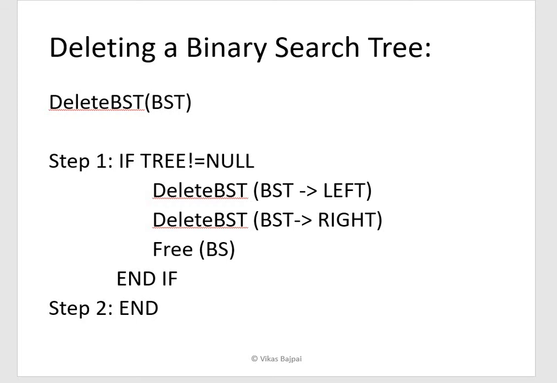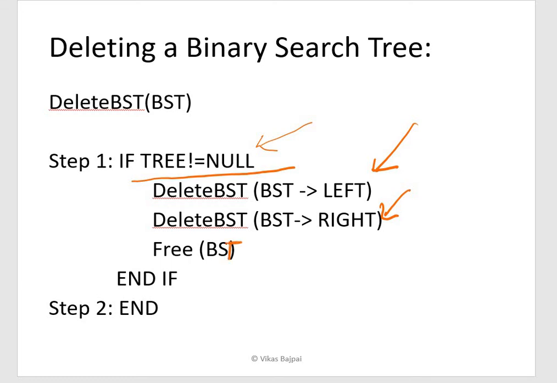Let's see once again a recursive solution to this problem. Firstly, I'll check if the tree is not equal to null, then only it makes sense, or else the tree does not exist itself. Tree itself is not available. So keep on deleting the nodes on the right hand side, and then keep on deleting the nodes on the left hand side, or vice versa, and you are good to go.